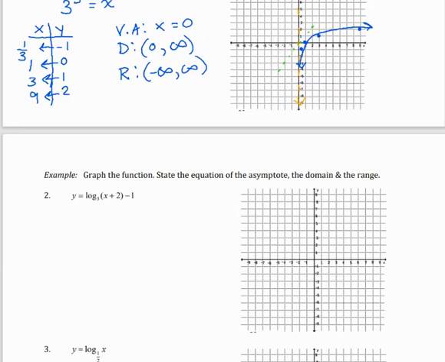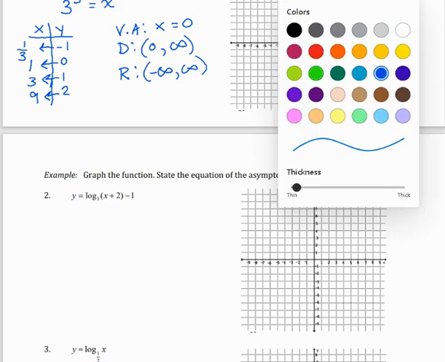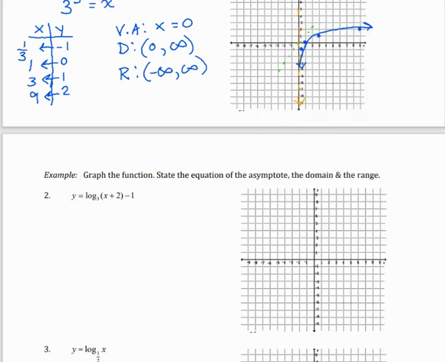I'm going to reference number 1 when we do number 2. Number 2 says, let's graph y equals log base 3 of x plus 2, minus 1. What you're going to do is identify that parent function first. The parent function is the base of 3, but simply with just an x. I would convert that: 3 to the y equals x.